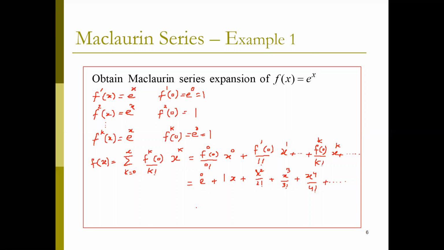Since e raised to the power 0 becomes 1, I can simply represent this as 1 plus x plus x square upon 2 factorial plus x cube upon 3 factorial plus x to the power 4 upon 4 factorial plus so on. This is equal to f(x), which in reality is e raised to the power x.